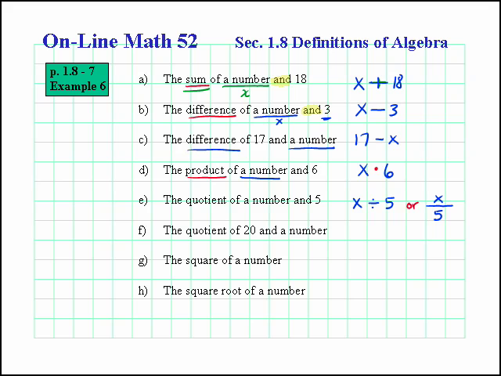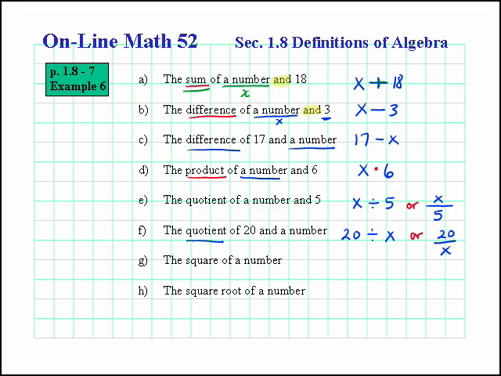One way or the other is fine. Quotient again, divided by. This time we have 20 first, and 20 is divided by a number, x, or 20 over x, either way.